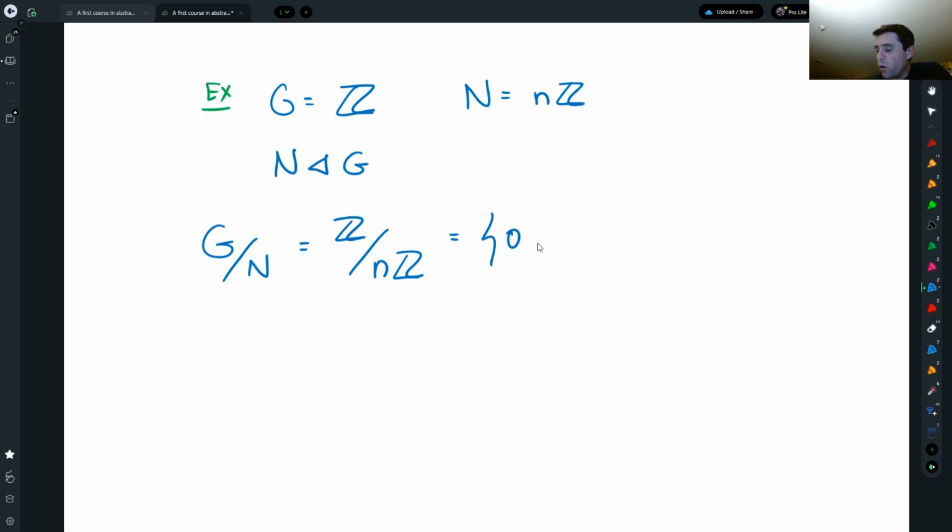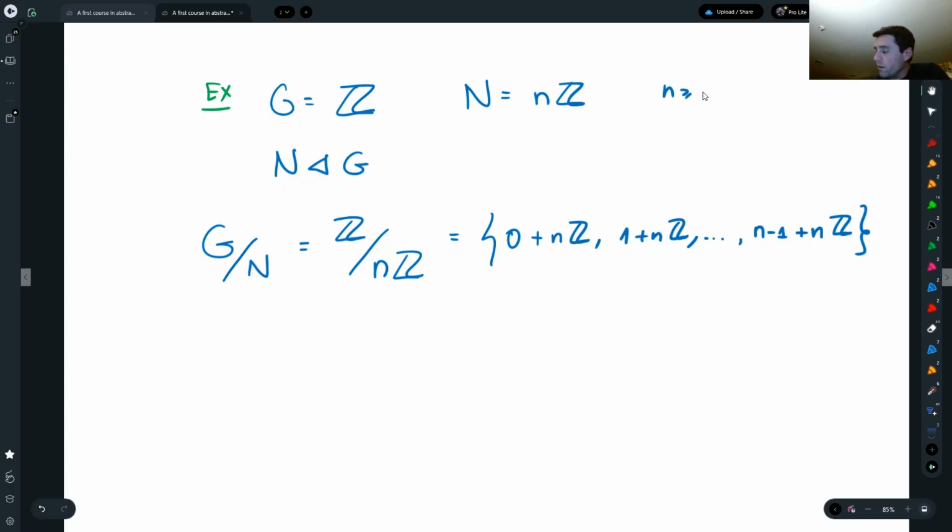So it will be the coset of 0, the coset of 1, and how many cosets are there that are different, up to n minus 1, and then you can in fact prove that those are all the cosets of the subgroup nZ. Here n is some integer, let's say bigger than 2.